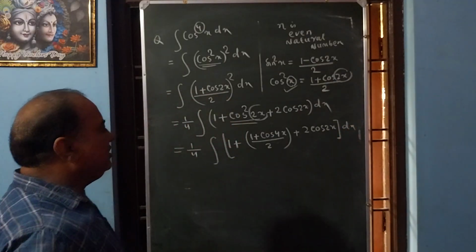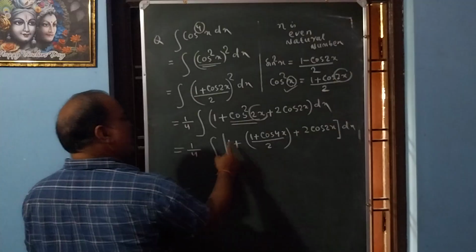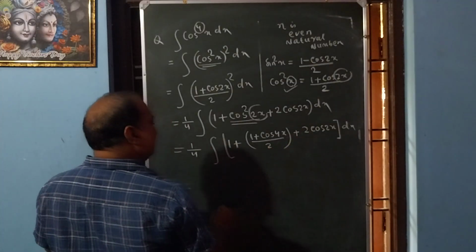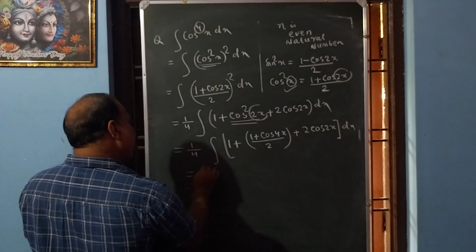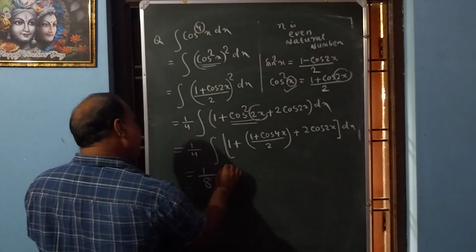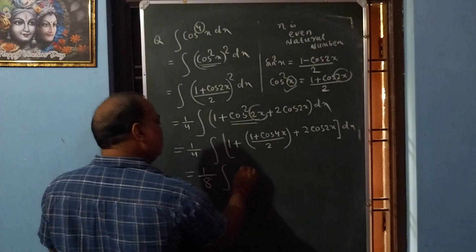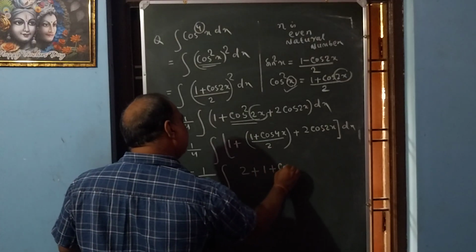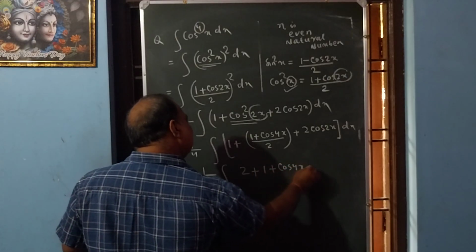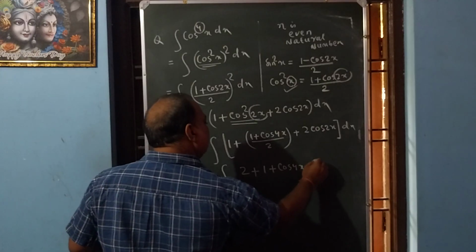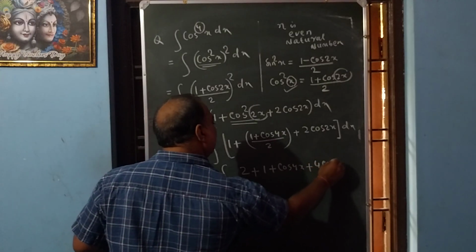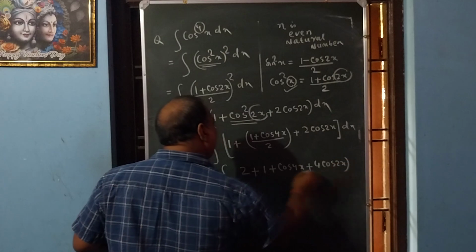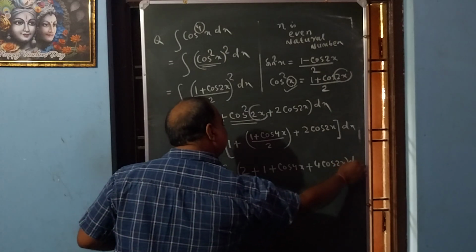Now you have to take the LCM. So 2 will multiply here and 2 is also multiplied there. So we get 1 by 8 integration of 2 plus 1 plus cos 4x plus 4 cos 2x whole into dx.